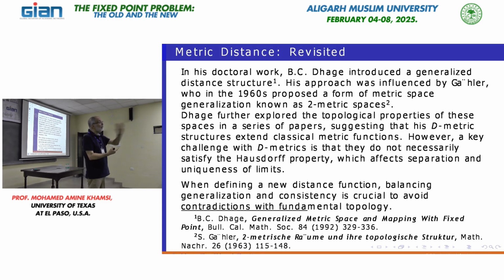So this happens to the best among us. So in the work done by Professor Dhage, he got some results, and with one assumption, which is valid in the case of what? The metric topology, but is not valid in D metric spaces, according to his definition. Okay? It was not valid. Okay? So this happens. No big deal.